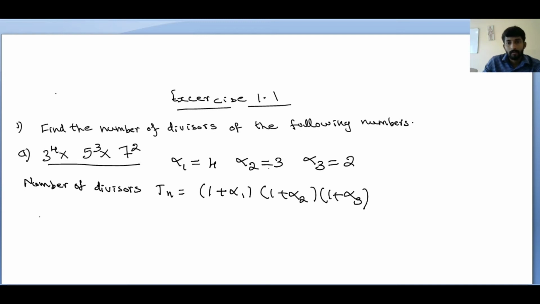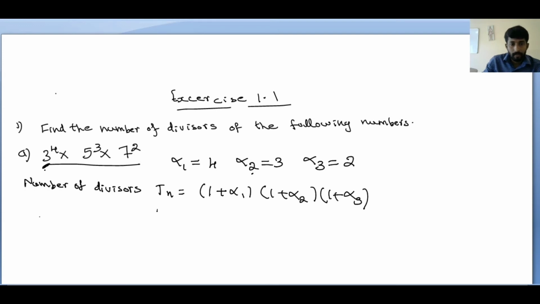Alpha 1, alpha 2, alpha 3 represents the power of the given prime numbers. Here see p1 to the power alpha 1 into p2 to the power alpha 2 into p3 to the power alpha 3 is given. Comparing with that we will get alpha 1 is equal to 4, alpha 2 is equal to 3 and alpha 3 is equal to 2.